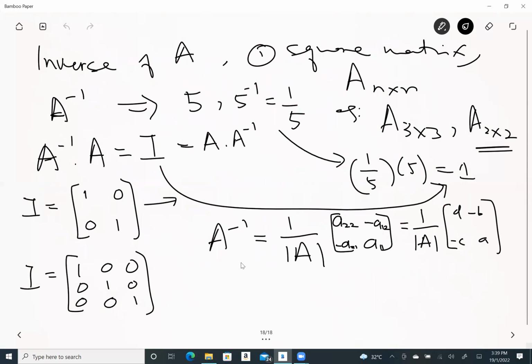So the rule is this: A inverse is 1 over the determinant of A, multiplied by the adjugate of the matrix A in that manner. So what do I get? A inverse is equal to 1 over the determinant of A. I don't find the determinant yet, we just do it step by step.